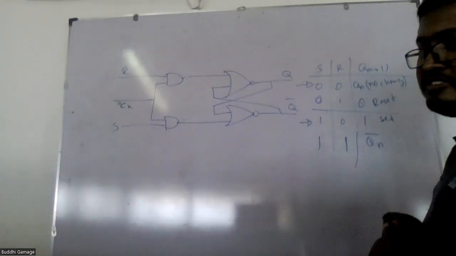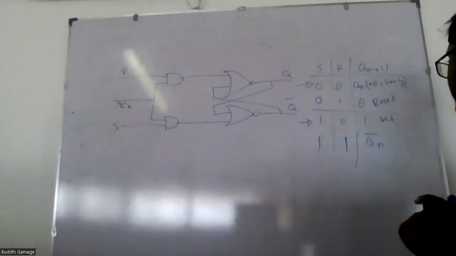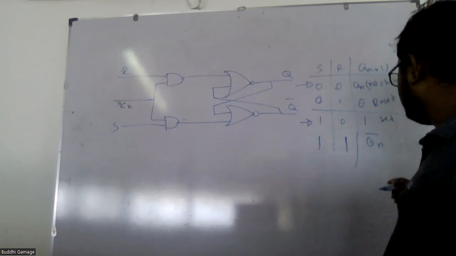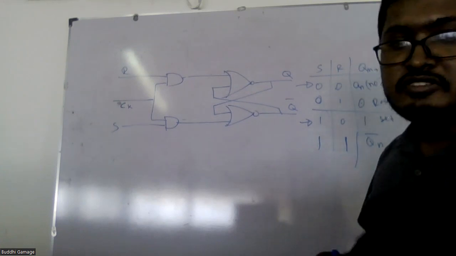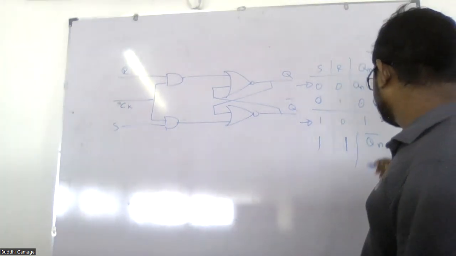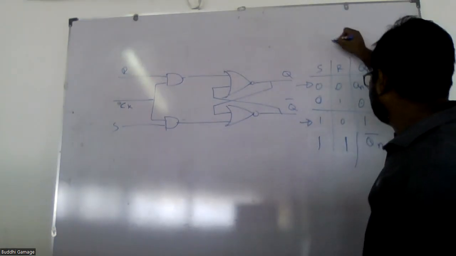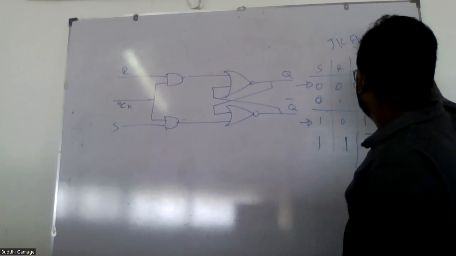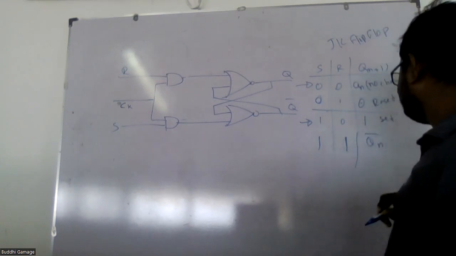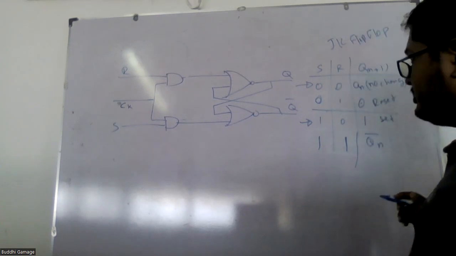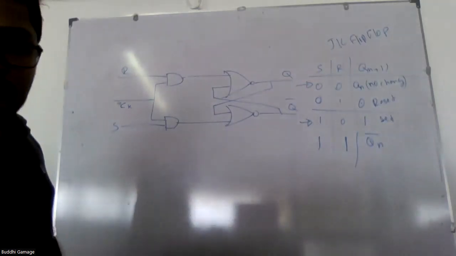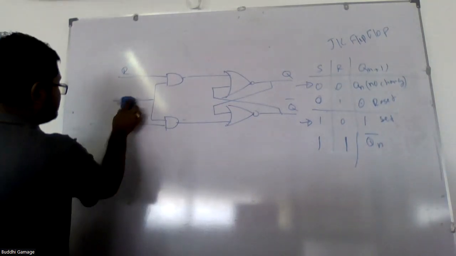For that particular reason, a new flip-flop was introduced, called the JK flip-flop. This is the JK flip-flop truth table. So this is the way.